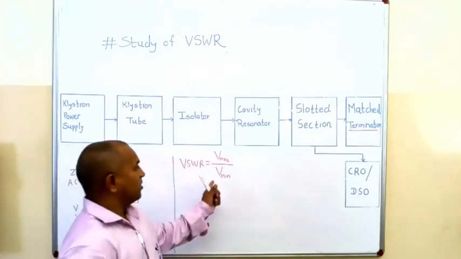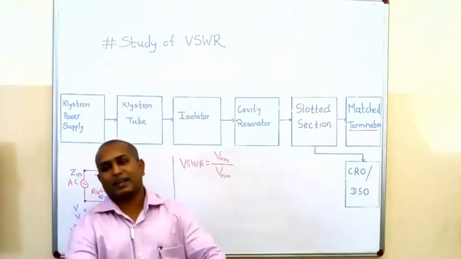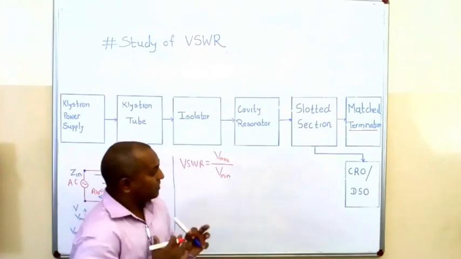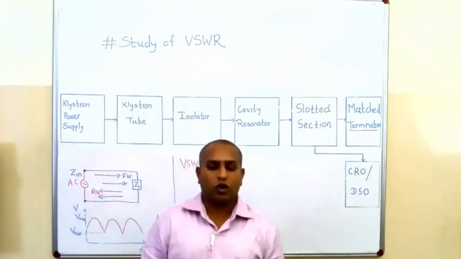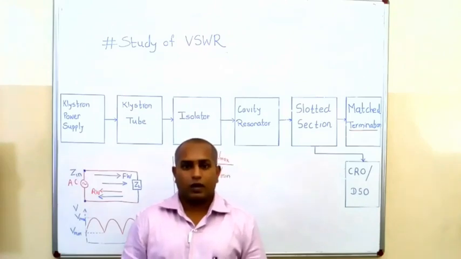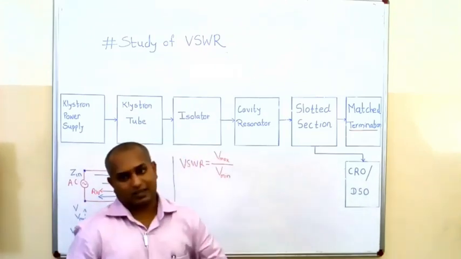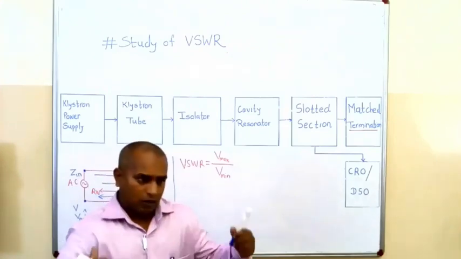But here we can't measure the Vmax and Vmin directly. Theoretically, let us see what would be the ideal value of VSWR, and then we will look at the actual parameters of VSWR.